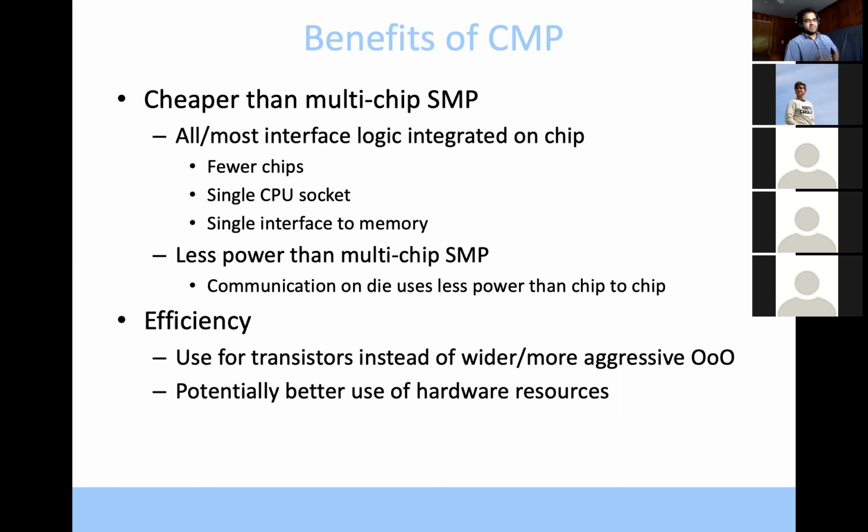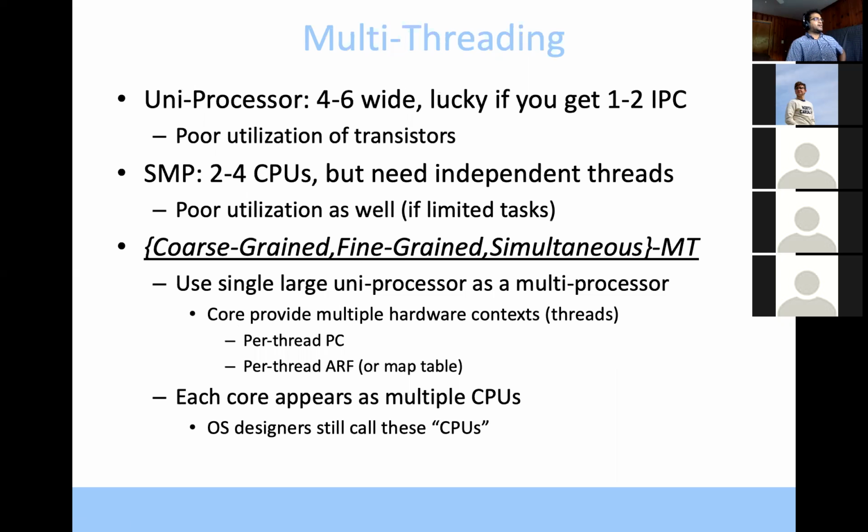You can implement multi-core processors instead of having a very aggressive out-of-order machine that may not be used fully. Here you can take advantage of task level parallelism instead of instruction level parallelism, and maybe because you're sharing things on the same chip, you get better use of hardware.